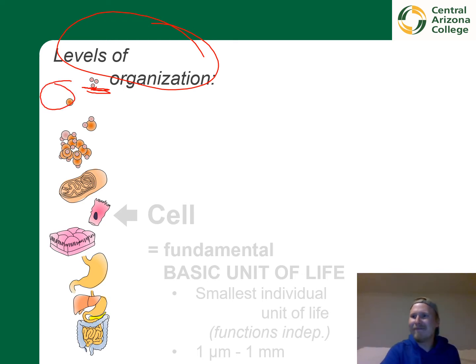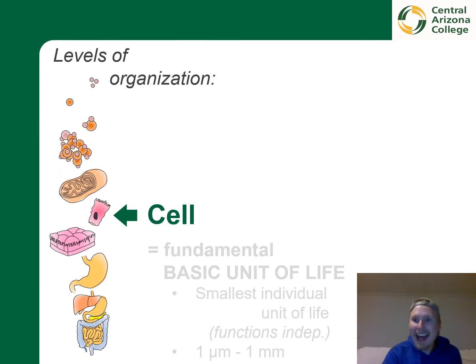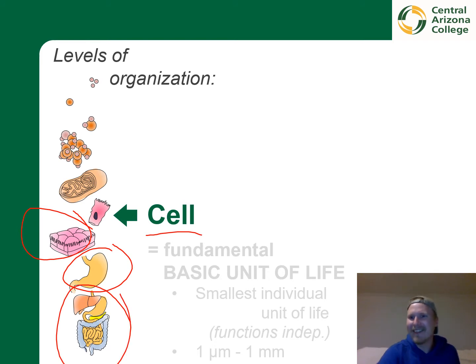An atom, molecule, mitochondria, and a cell, followed by tissue, which is made of many cells, an organ, and organ system. And of course, an organism, such as you, as an independent living creature, is made of multiple organ systems.